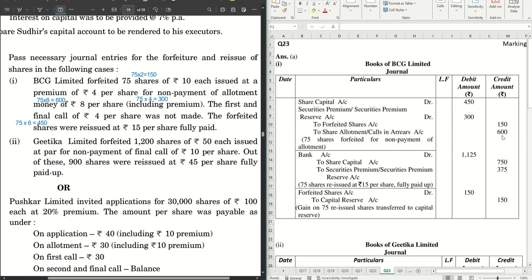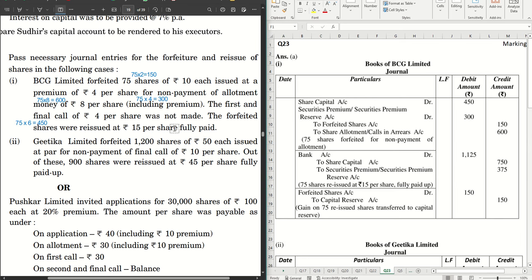So 600 goes here. Now I have seen students doing a subtraction and putting the amount. That may not give you the right result if you are missing out something. So it's always good to double check with your calculations so that you will rest assured whatever you're doing is correct. So having done this, if you read the question now, the forfeited shares were reissued at 15 per share, fully paid up.